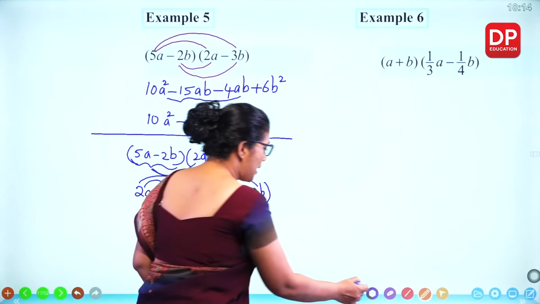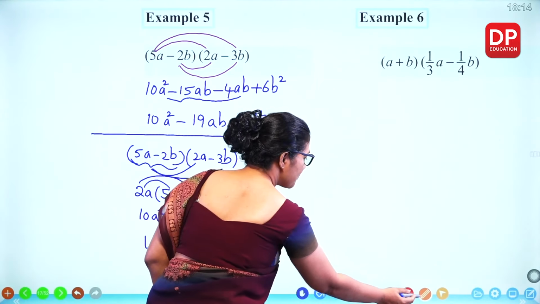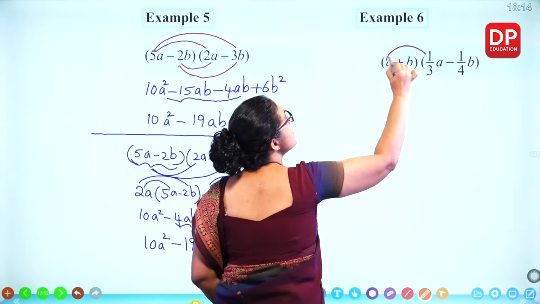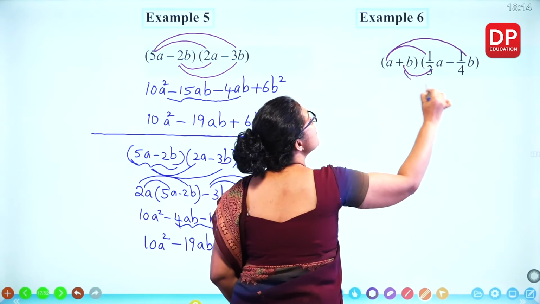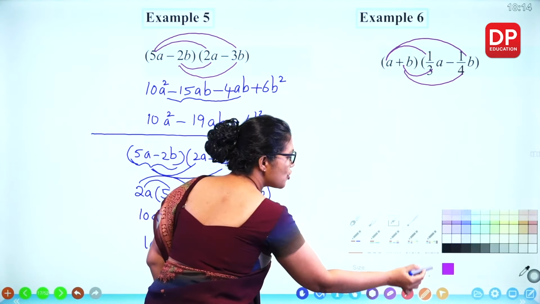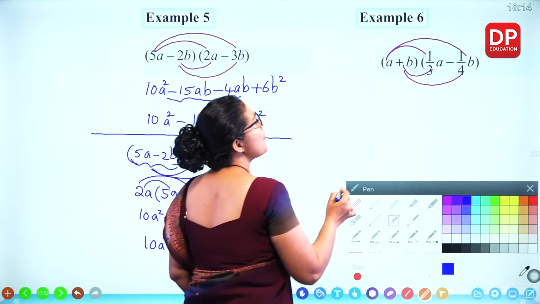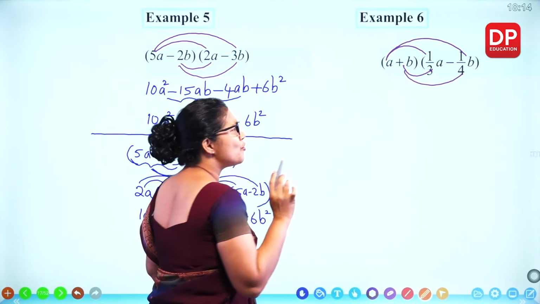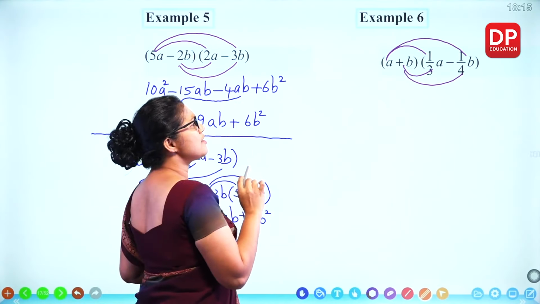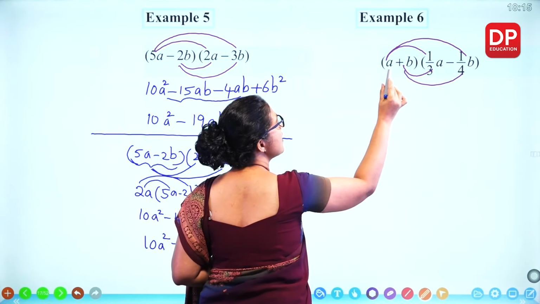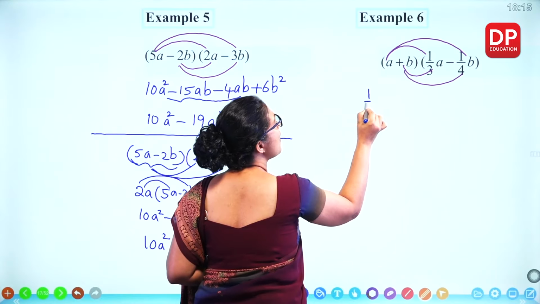Now I'll do the rainbow method here. Multiply these two and these two. So here what do you get? A times 1/3 a. So if you can't do it, just write down separately and multiply. So here you get fractions. 1/3 into 1 is 1/3.